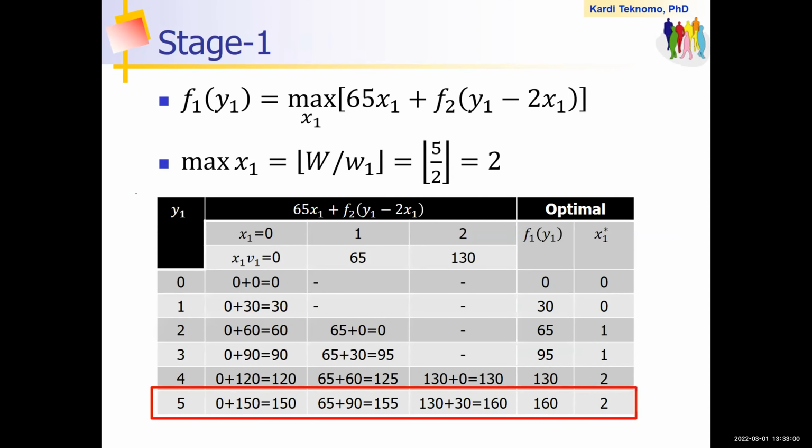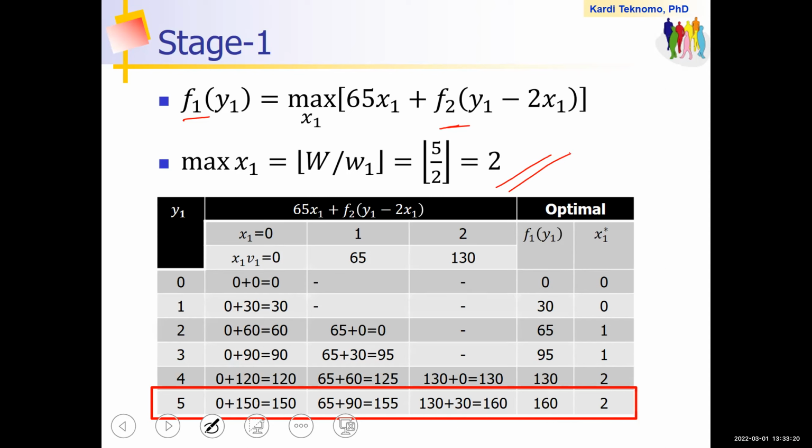So F1(Y1) is the maximum of 65 times x1 plus F2, this is the 1 so this must be 2, one step earlier of Y1 minus 2 times x1. Again, the maximum is now 2.